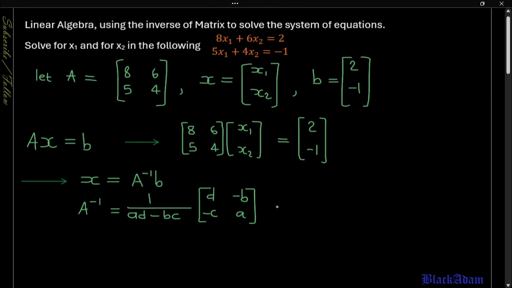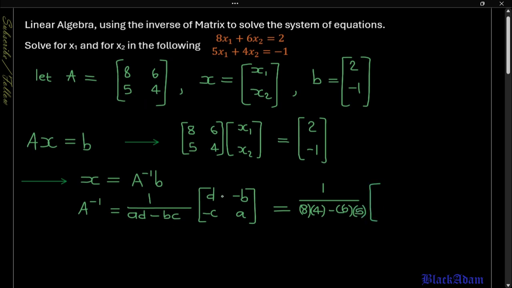Alright, so we substitute the values, so it's 1 over, our A is 8, and our D is 4, minus B, which is 6, times C, which is 5.